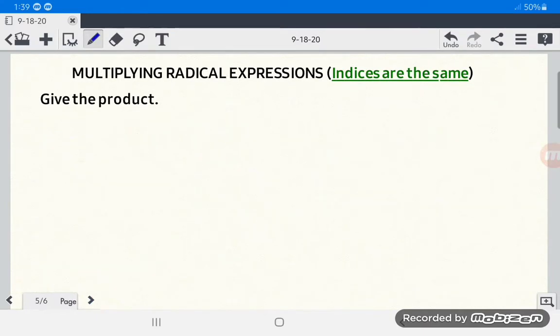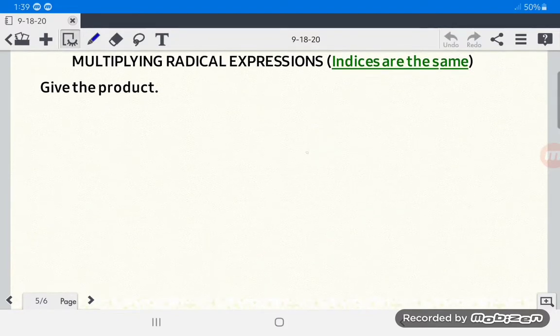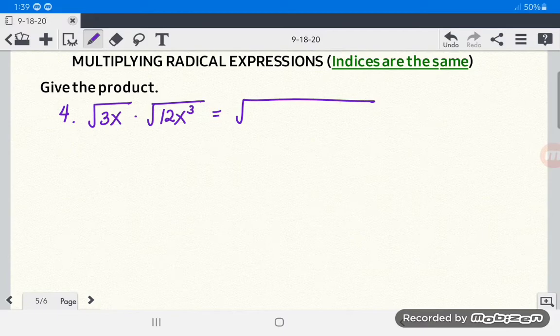Next, number 4. Let's say we have the square root of 3x times the square root of 12x cubed. Here, again, using the product rule for radicals, let us now multiply.